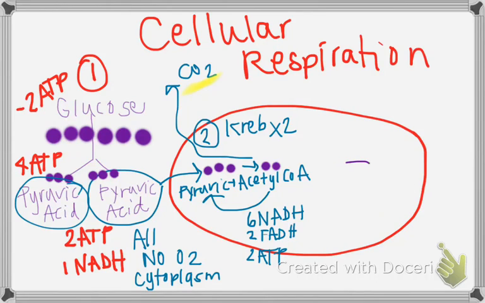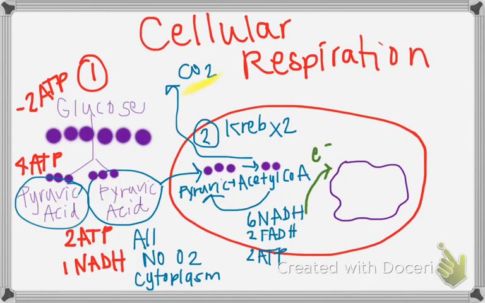I want to draw it a little smaller than that. Okay, so NADH comes and drops its electrons off. Let's go with green for this. Drops its electrons off right here at the beginning.